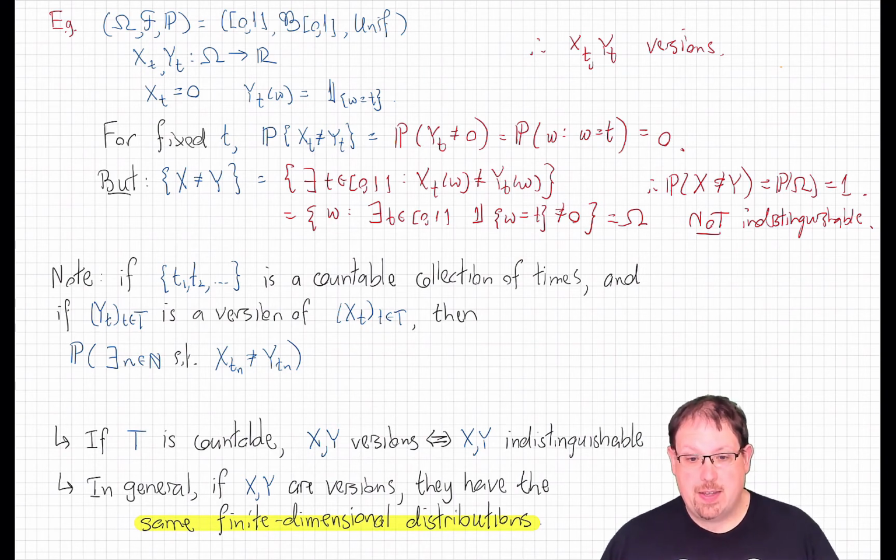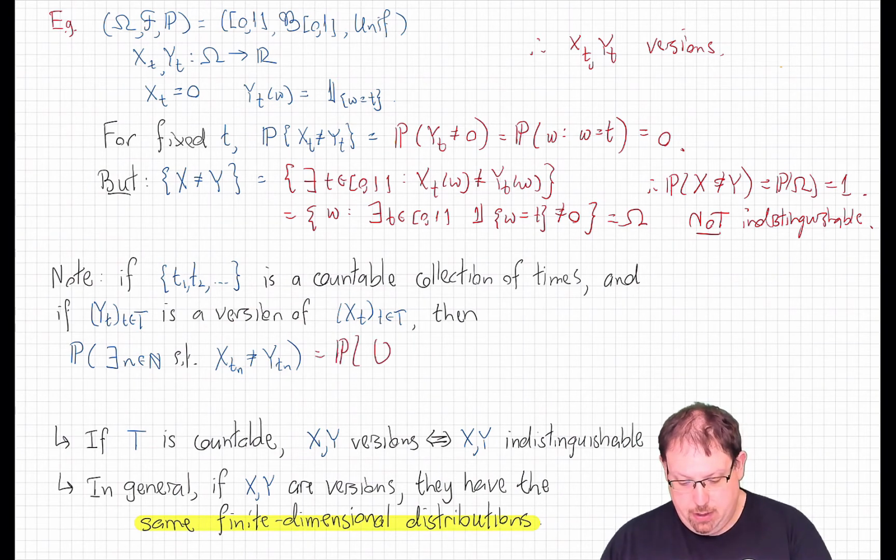Let me note, however, that that's an exclusively continuous time phenomenon because, as we intimated on the last slide, if we have a countable collection of times, indexed say t1, t2, t3, etc., and if two processes Xt and Yt are versions of each other, then the probability that there is some time in that list where they're not equal, well, that's the probability of the union over those countably many times of the event that Xtn is not equal to Ytn.